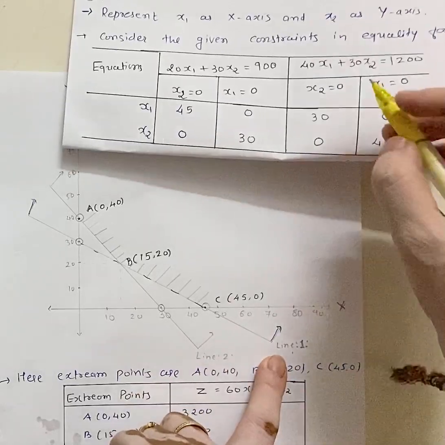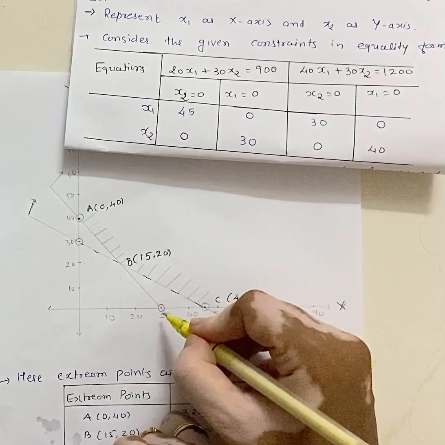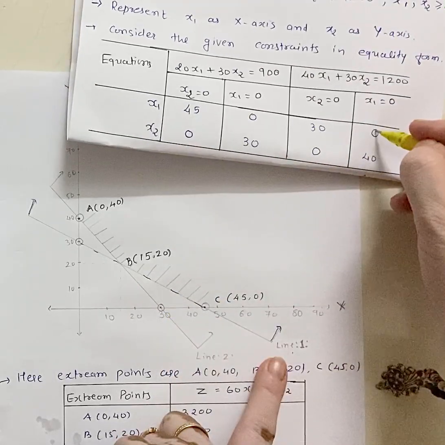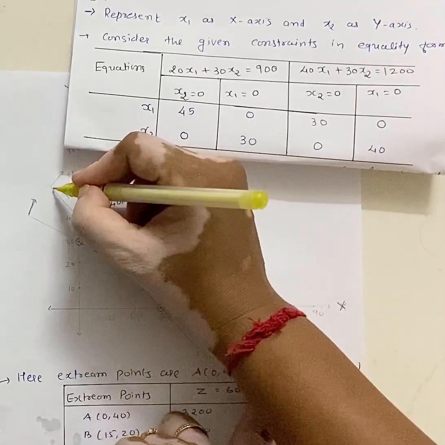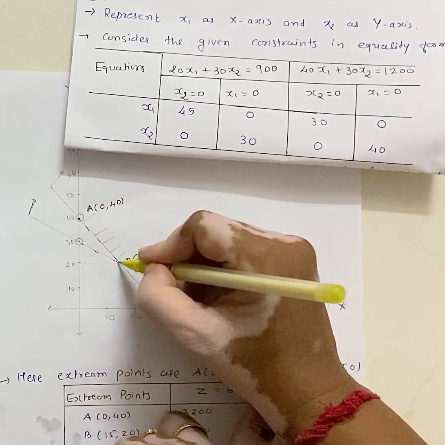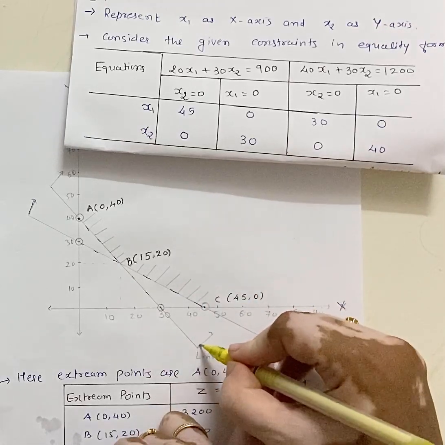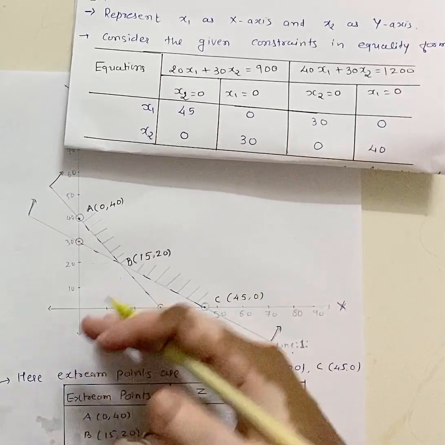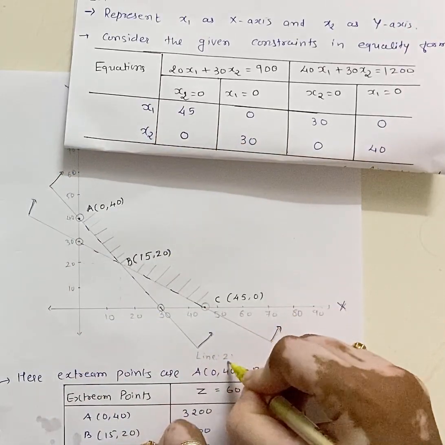Now the other point is x equal to 30, y equal to 0, and the another point is x equal to 0, y equal to 40. Now draw another line, and also draw the upward arrow, which means opposite to the region. So this is line 2.